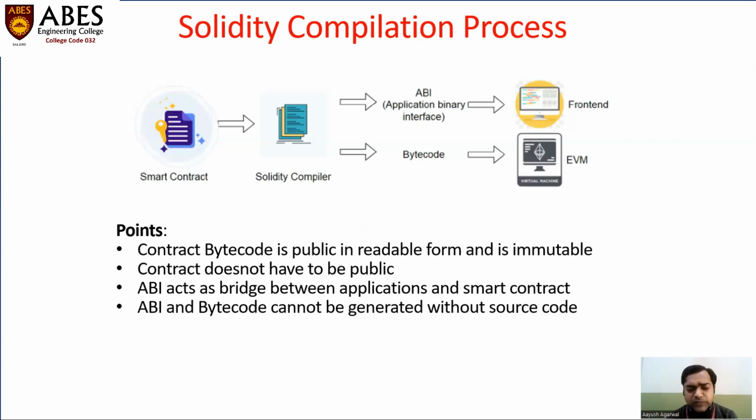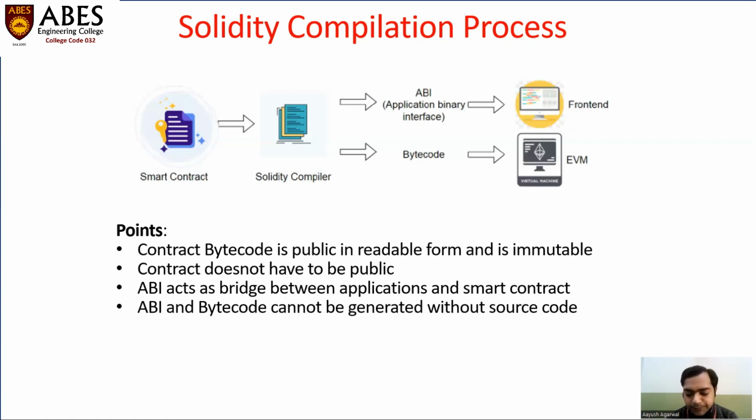This acts as a bridge for other applications or smart contracts that want to communicate with your smart contract. It provides a communication channel between your smart contract and the other application or smart contract which wants to communicate, right? So these two terminologies are very, very important if we are going to learn Solidity, right?